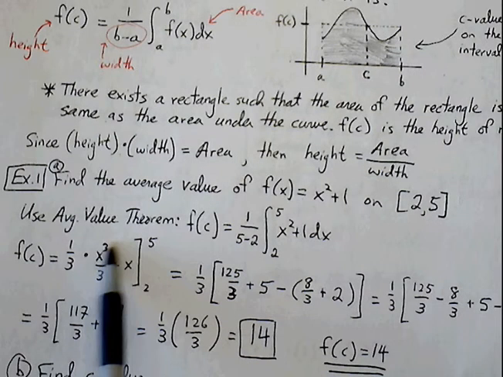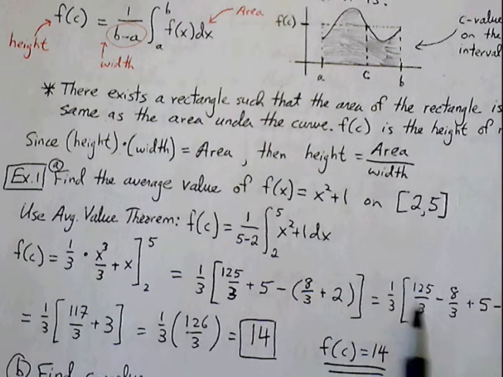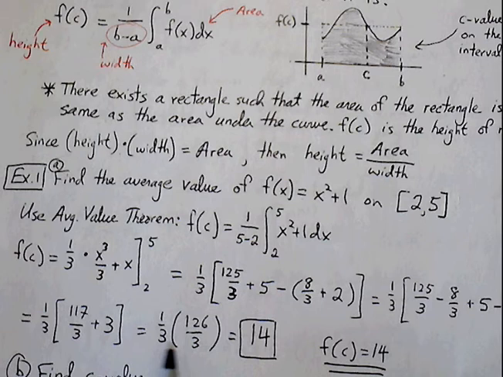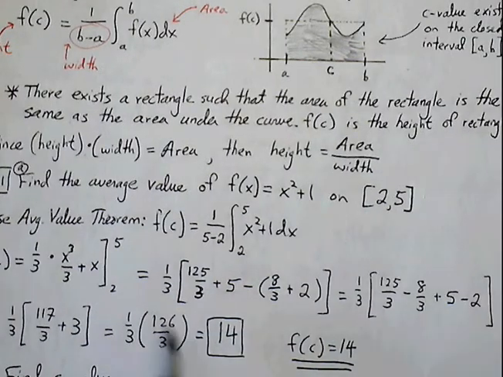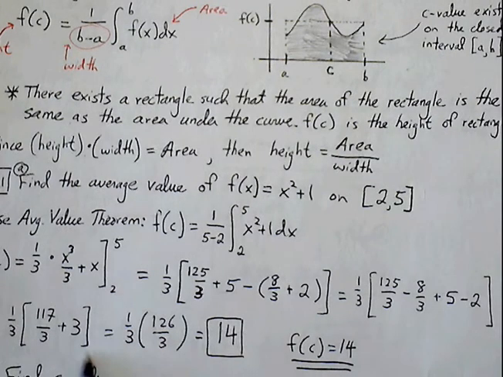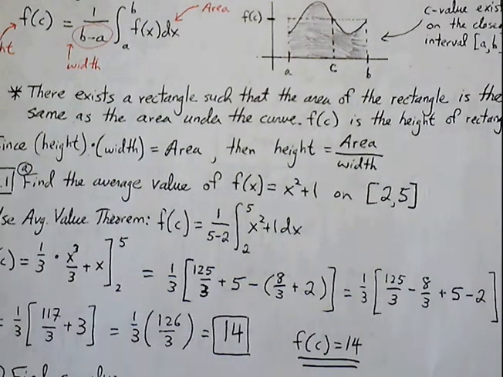Plug 2 into the function, 2 cubed, which is 8, over 3 plus 2. And this comes out to be 126 over 3. Multiplying by 1/3 is the same thing as dividing by the width, which gives us 14. So we know the average height is equal to 14.